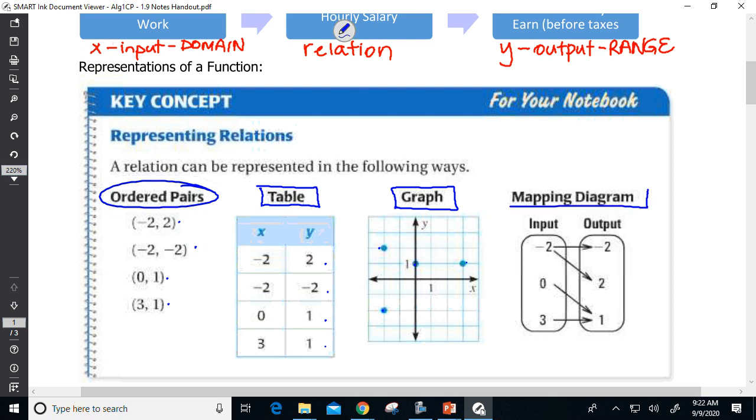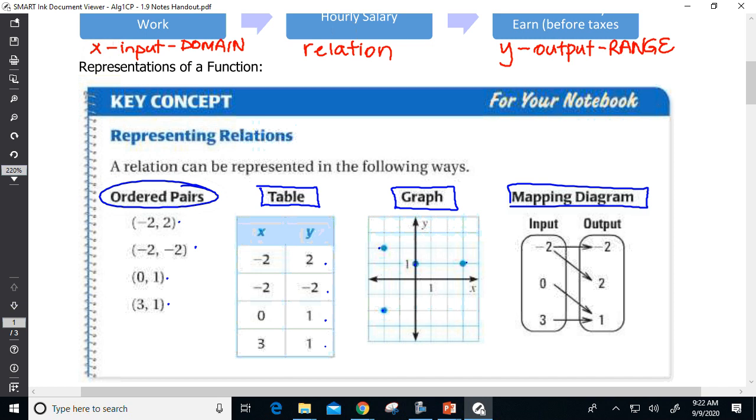And you can also draw them in a map. So all of these are representations of a relationship. Different ways to represent a relationship.